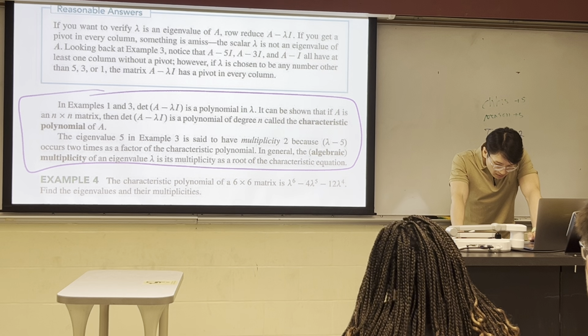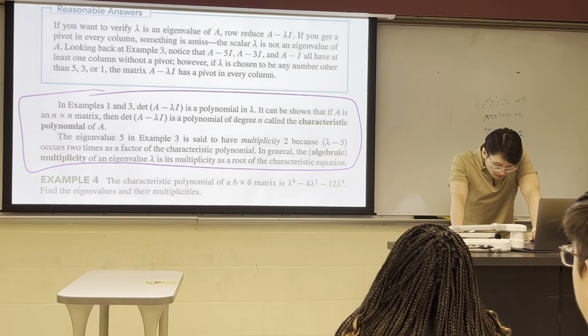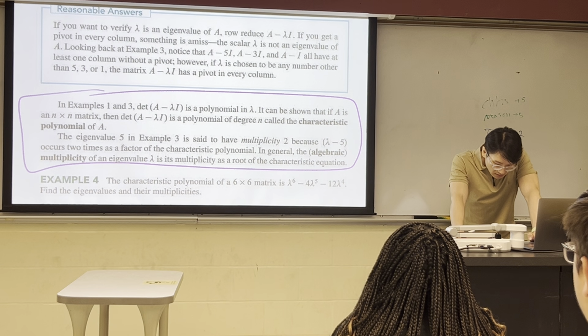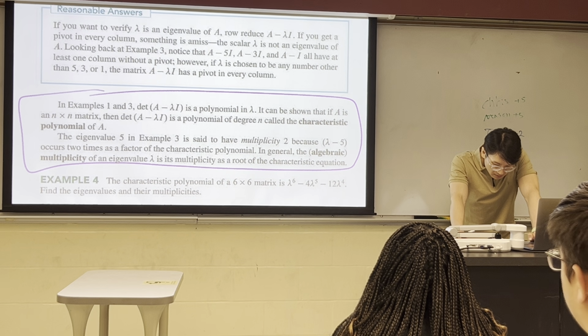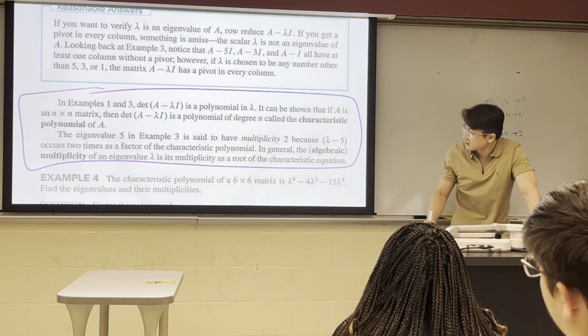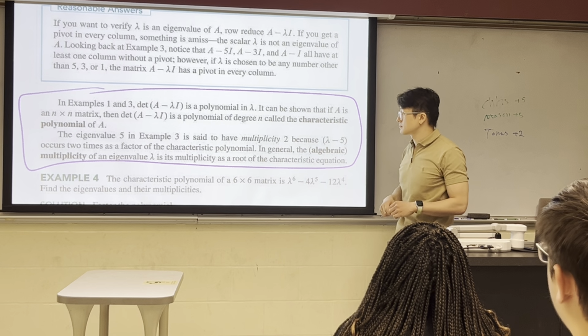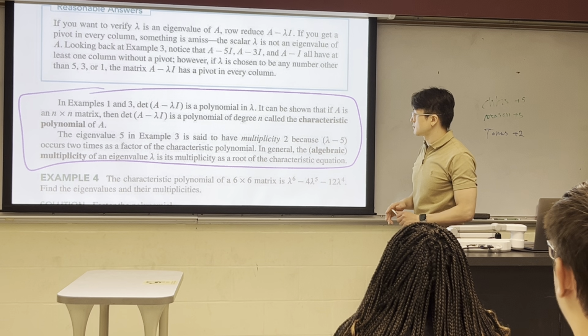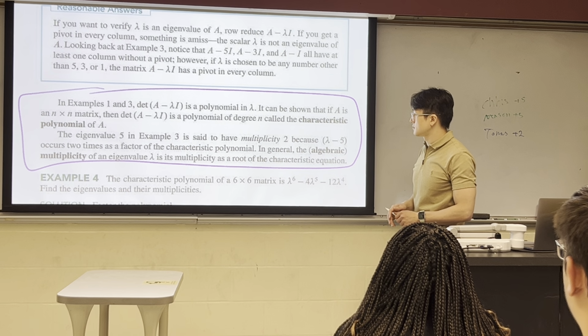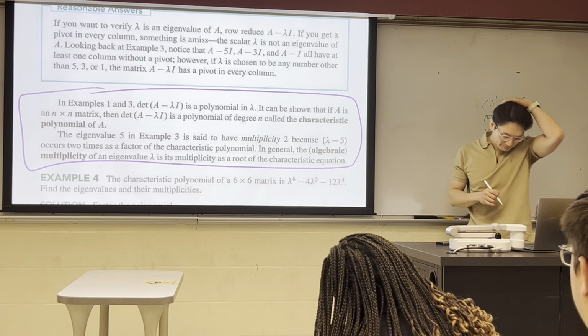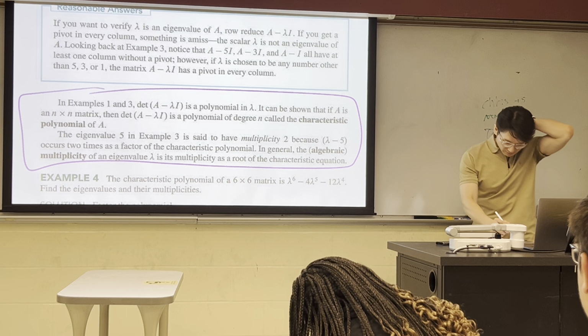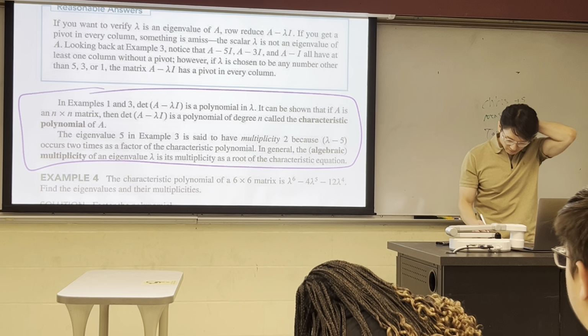It can be shown that if A is an n by n matrix, then the determinant of A minus lambda I is a polynomial of degree n called the characteristic polynomial of A. The eigenvalue 5 in example 3 is said to have multiplicity 2 because lambda minus 5 occurs 2 times as a factor of the characteristic polynomial. In general, the algebraic multiplicity of an eigenvalue is its multiplicity as a root of the characteristic equation.